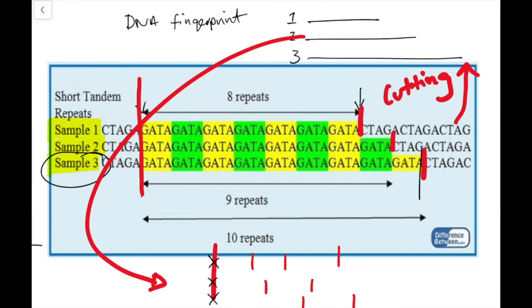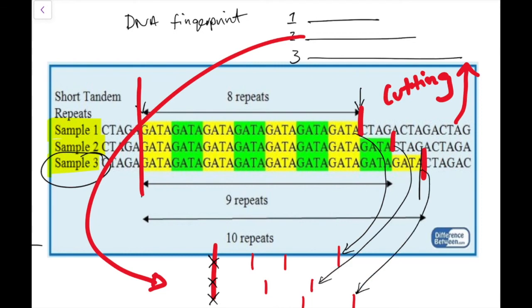And we can think of this as being like the spots on chromatography. So we can see down here that when we run them out, they will have banding in different places because these different sections will have different lengths.